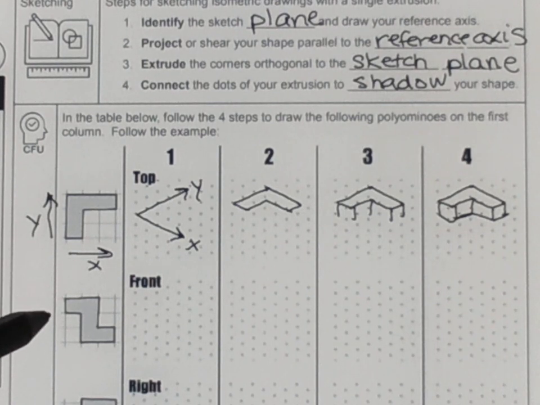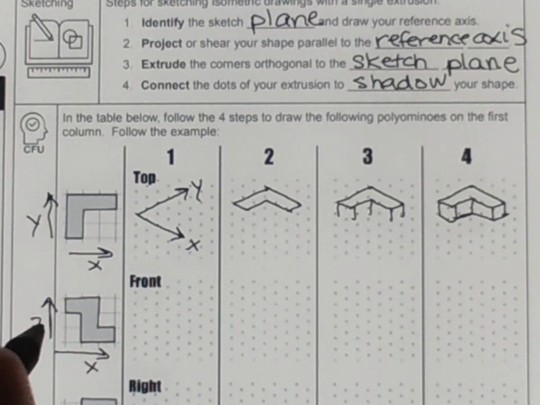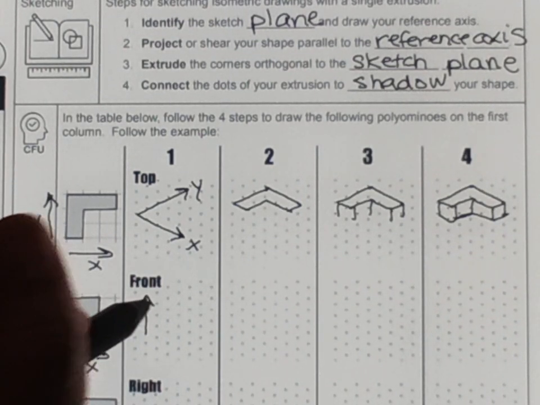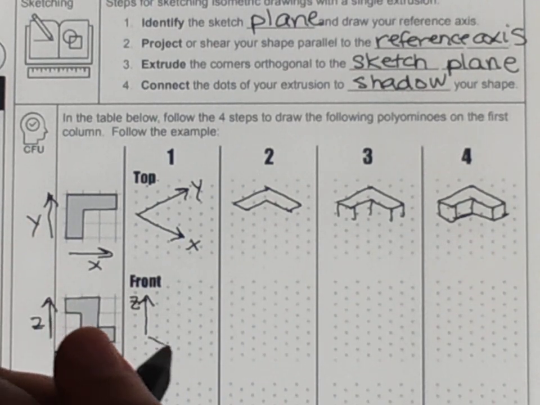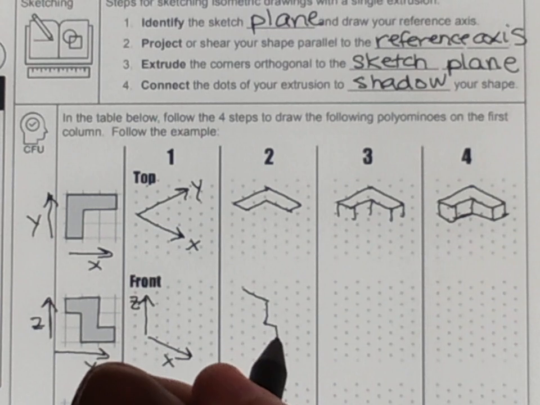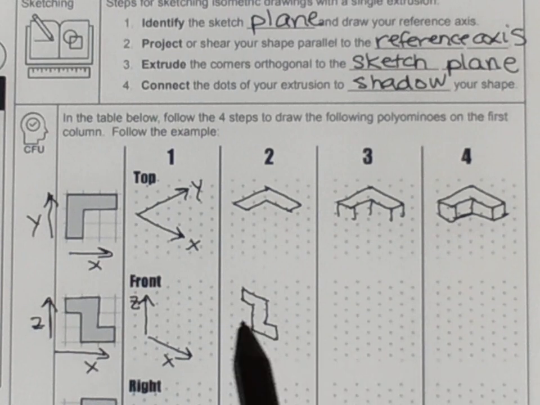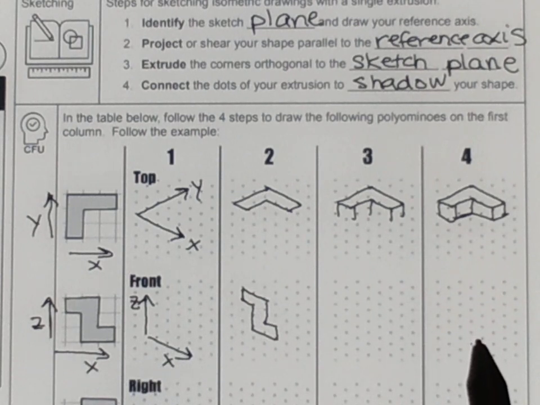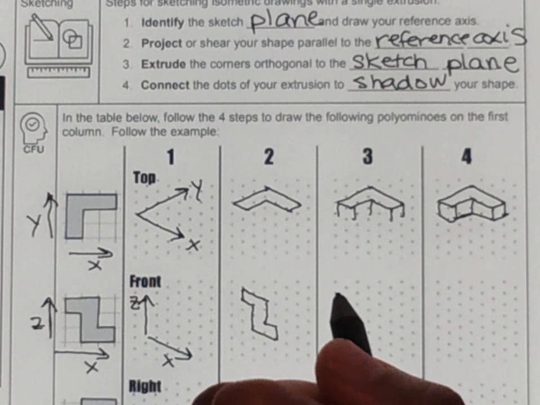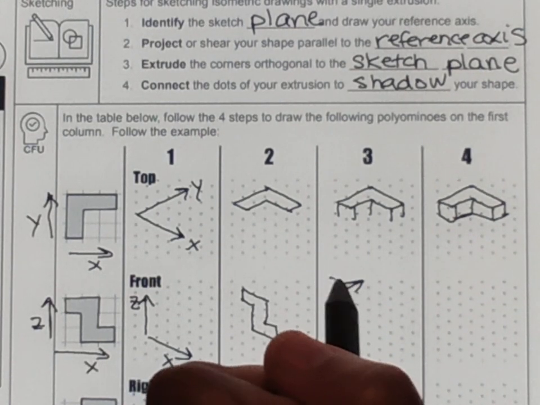So for the front, we have X and Z. So that's going to look like Z and X. Okay, so I need to take my Z and draw it parallel to X and parallel to Z. Then this is a front face, so extrusion goes back, which would be along the y-axis.